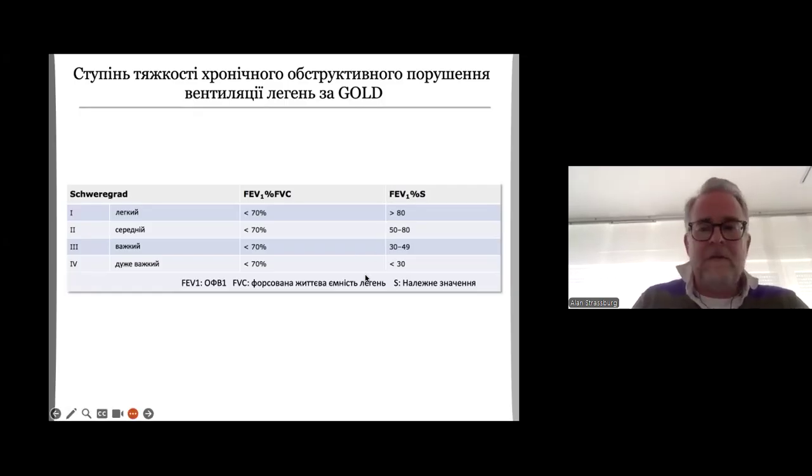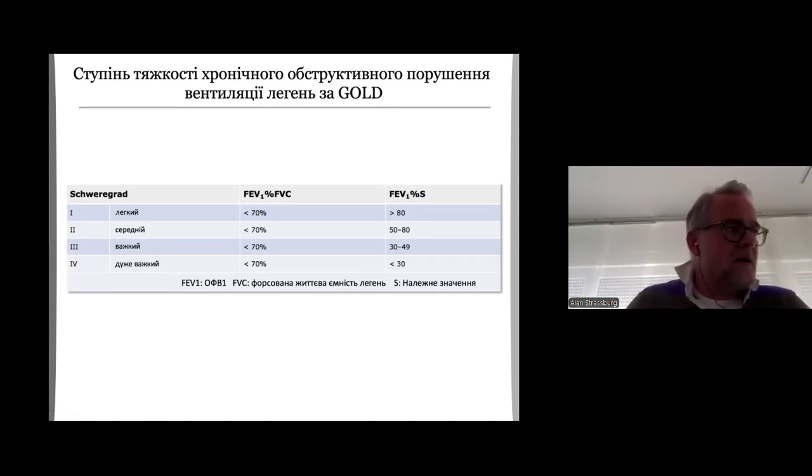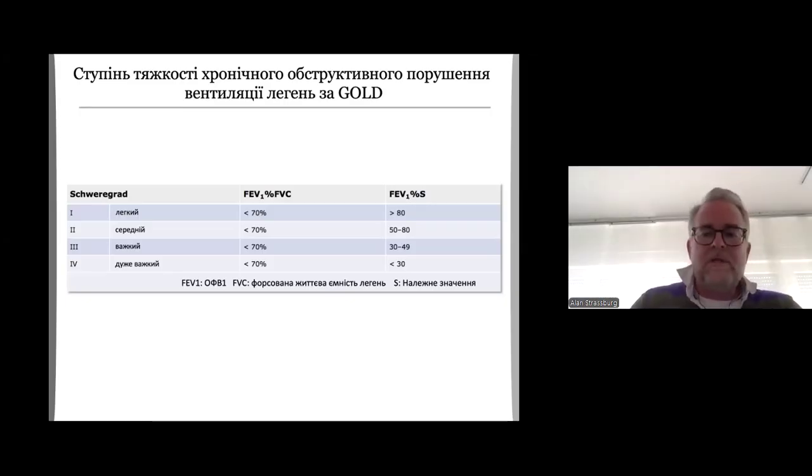And if the FEV1 is bigger than 80%, then there's a light obstructive ventilation disorder. If the FEV1 is between 50 and 80%, then there's a medium obstructive ventilatory disorder. And if the FEV1 is smaller than 30%, then there is a very heavy or very severe obstructive ventilation disorder.